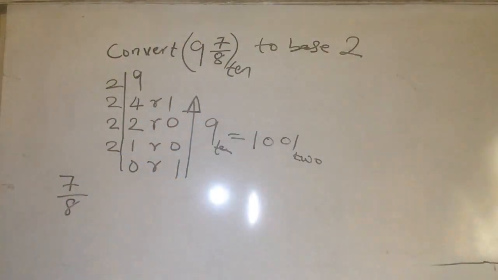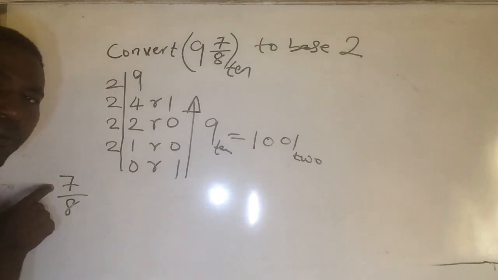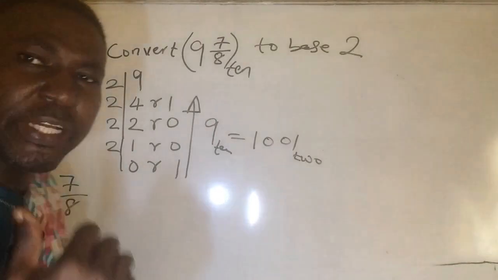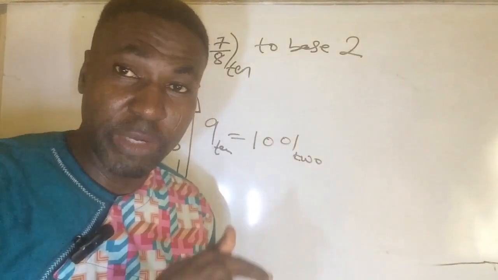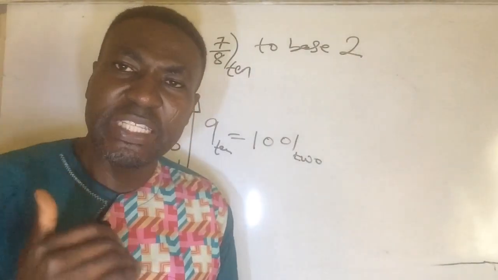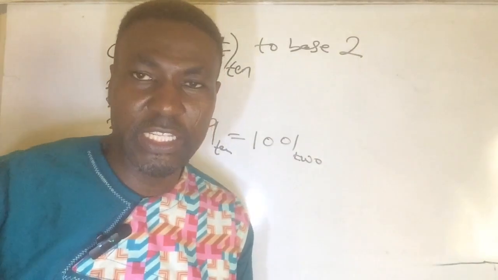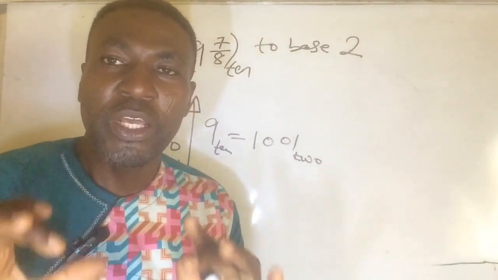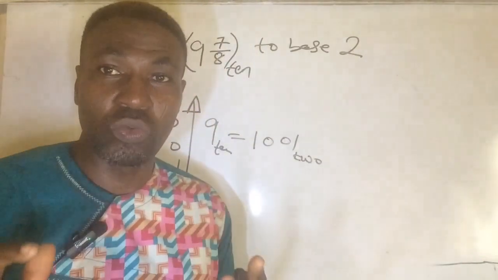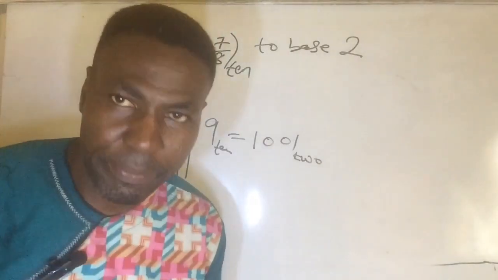It's in lowest term. So since it is in lowest term, we now break the number up. We break that 7, the numerator, in a way that when we work with it with the denominator, which is 8, we can get 2 as the denominator. What do I mean?